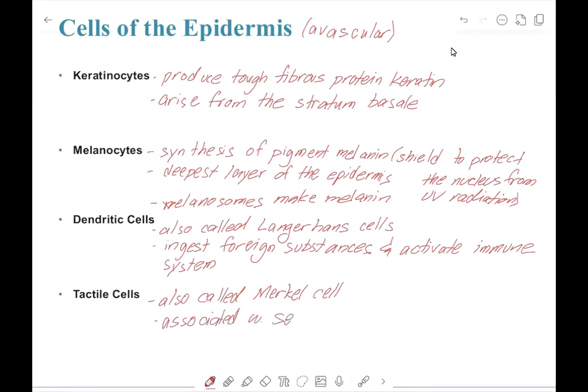So it's basically going to be attached to a sensory nerve ending. Essentially, it's a sensory receptor for touch. And then when we touch something, it transmits that information into the nervous system.